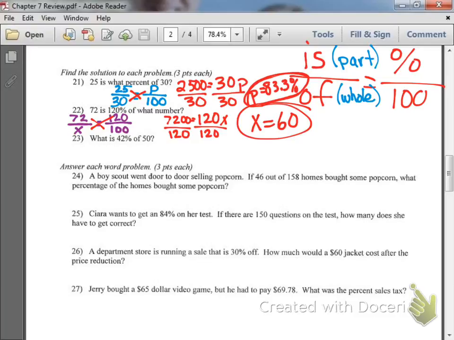Alright, same old proportion to get us started on the next one. What is, so I don't know my is, 42%, so 42 goes over 100, of 50, so 50 goes in my of spot, and then fill in a variable.